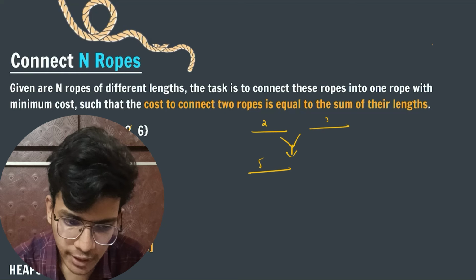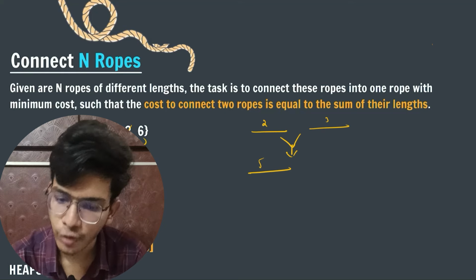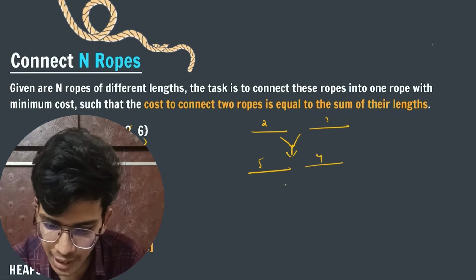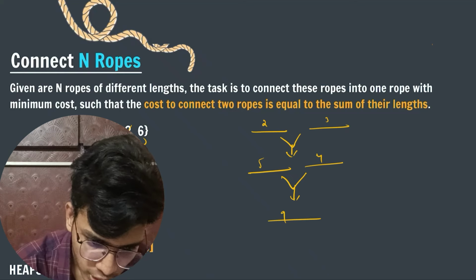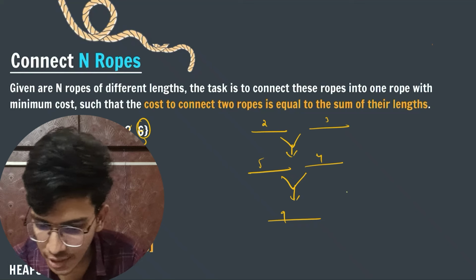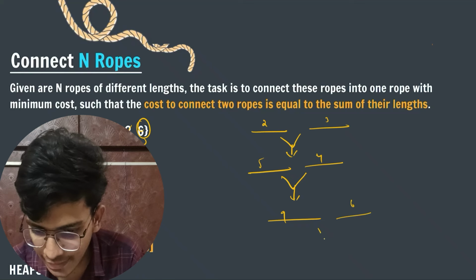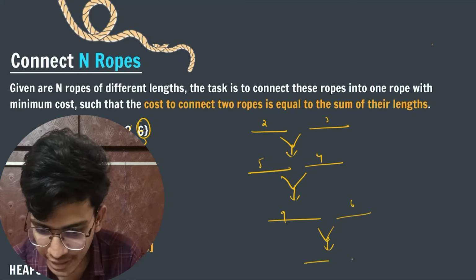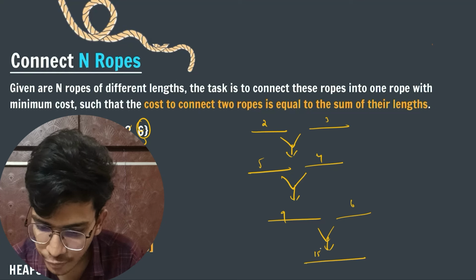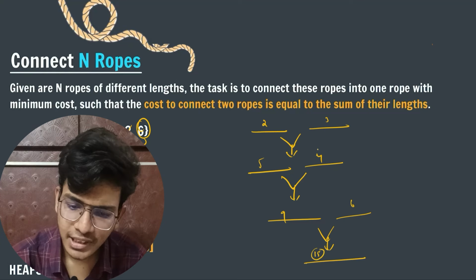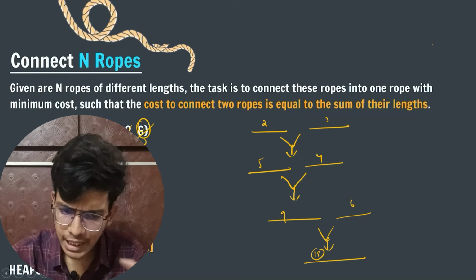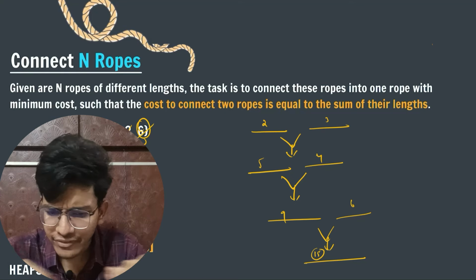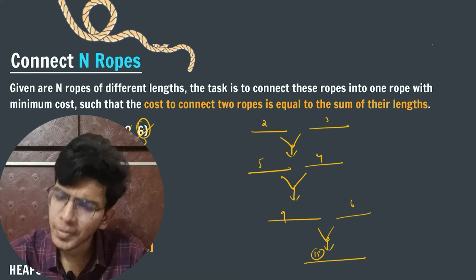Now I will take the least. Which one is least? 4 is least. So I will take the rope 4, combine these two, and I will get 9. Now 4 is also completed. Now I will take 6, combine these two, and finally I will get the final rope length as 15. You can see that I have iterated through each and every index of the rope, and the final length of the whole rope is 15.